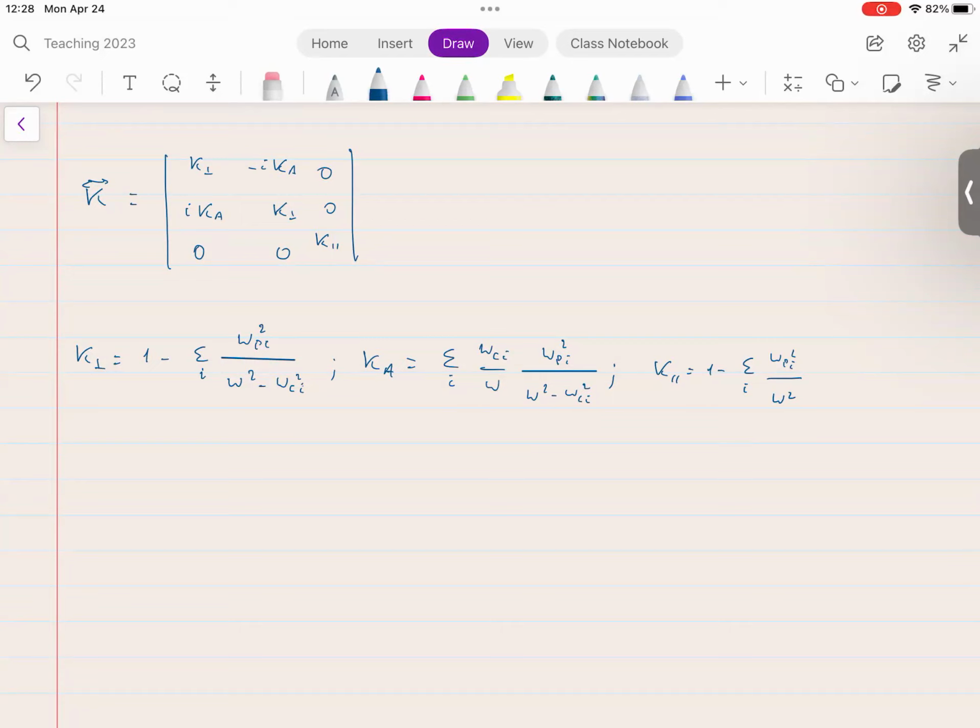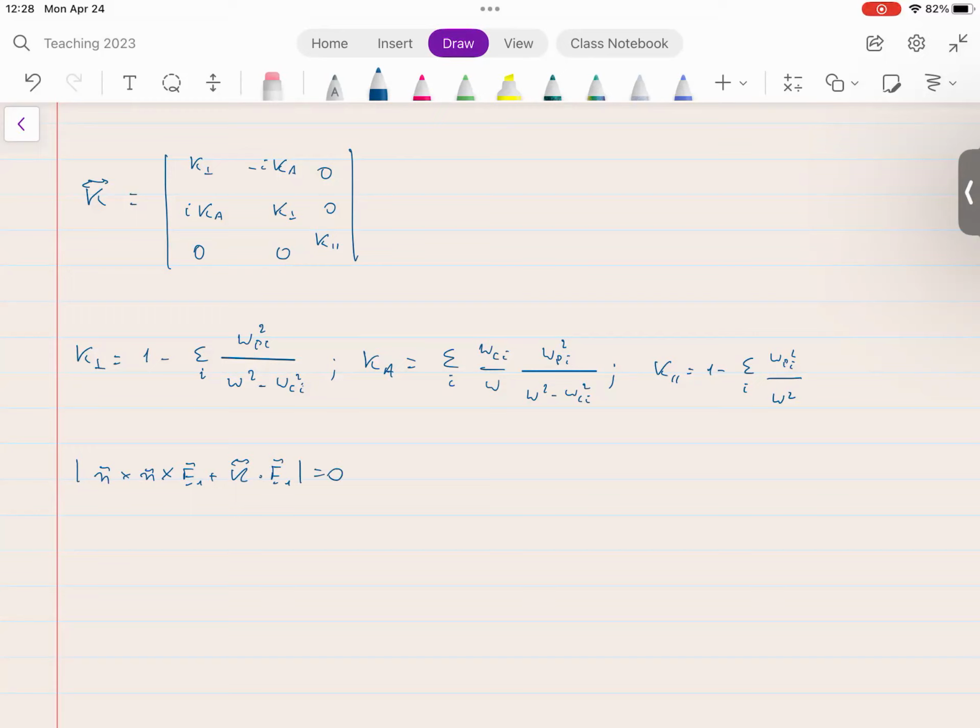Let me write it as a vector: n cross n cross E1 plus K dot E1 equals 0.